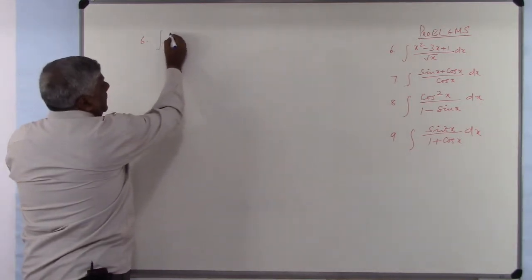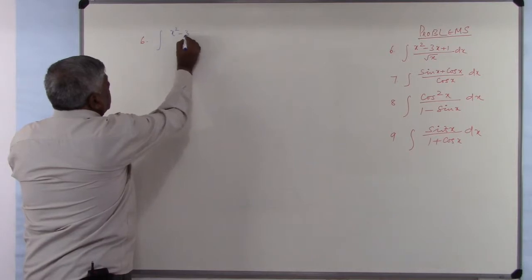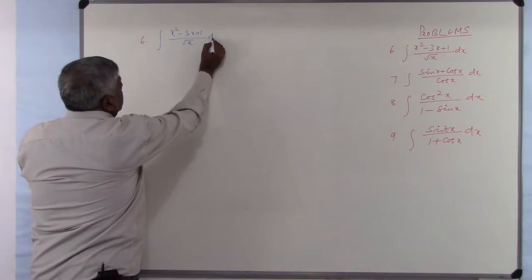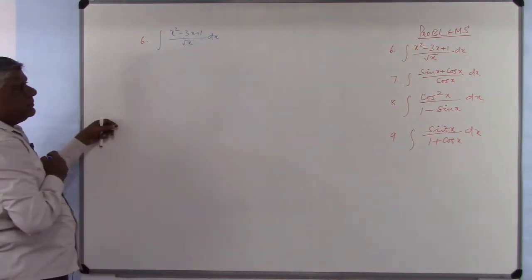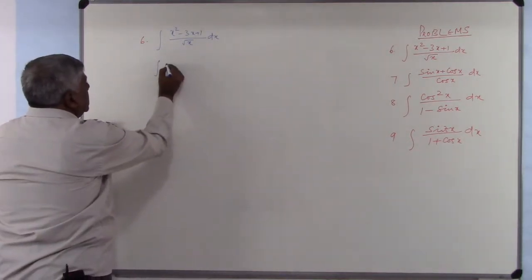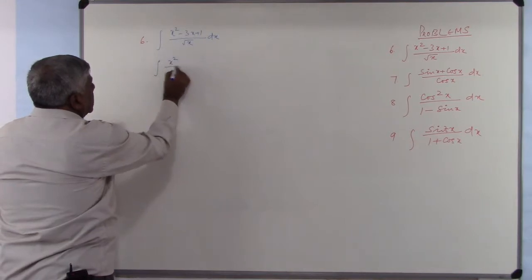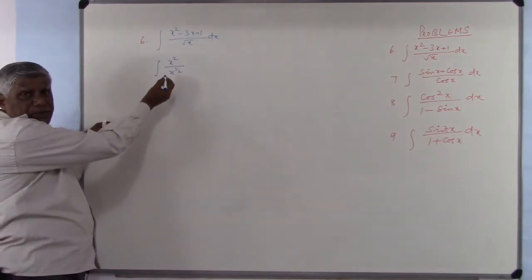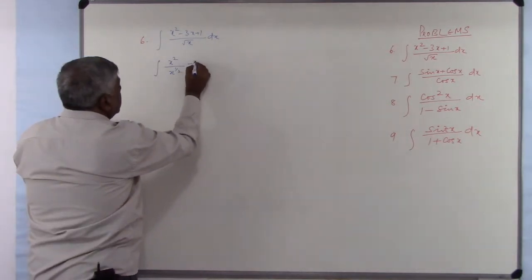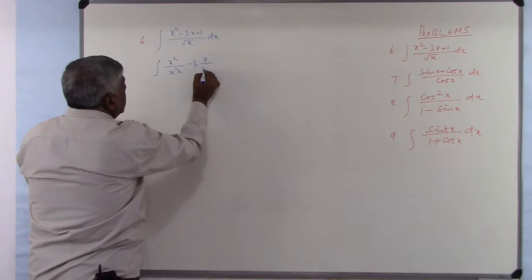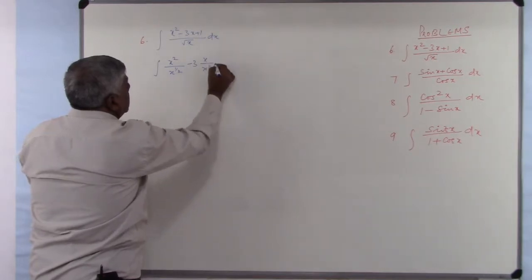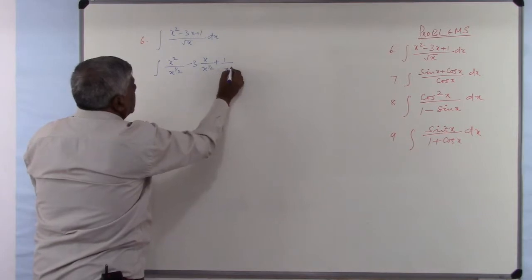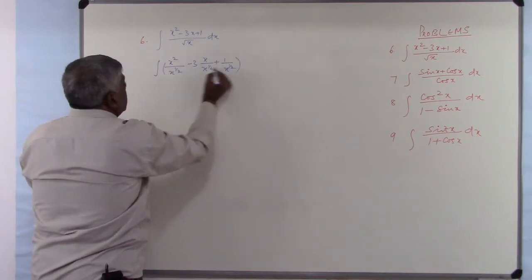Integral of x square minus 3x plus 1 divided by root x into dx. See here, we are going to split this. Root x can be written as x to the power of half, so we have x square by x to the power of half, minus 3 into x by x to the power of half, plus 1 over x to the power of half into dx.